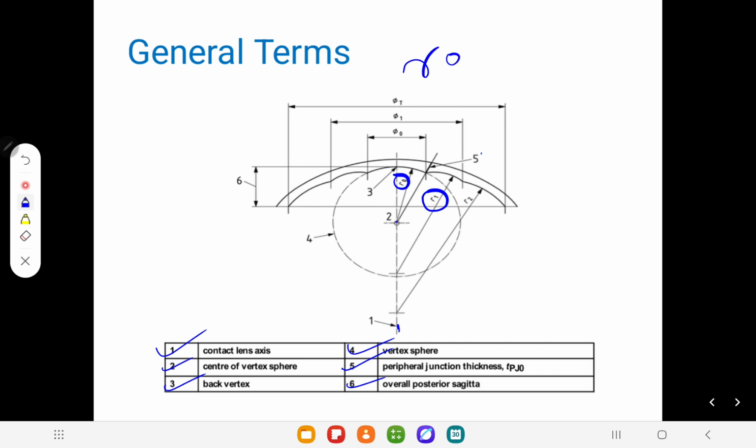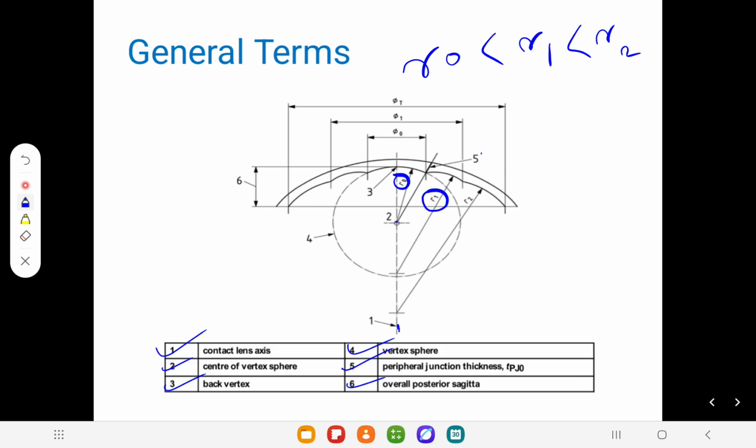R1 is larger. R1 is flatter, then r2. Why? Because r2 is the most peripheral, and the most peripheral is always flatter than the other two. Yes, it's a tricurve contact lens.